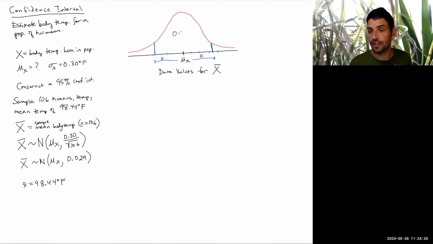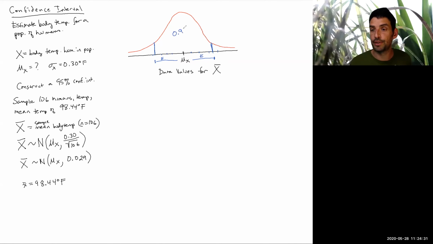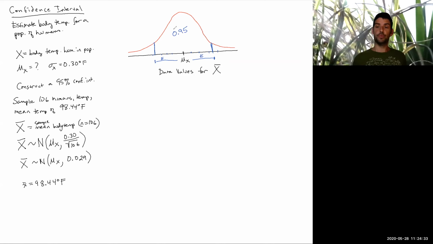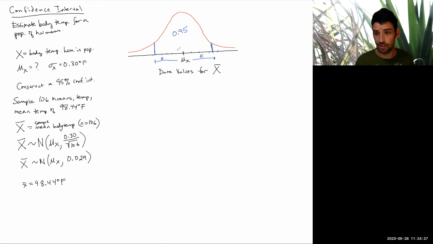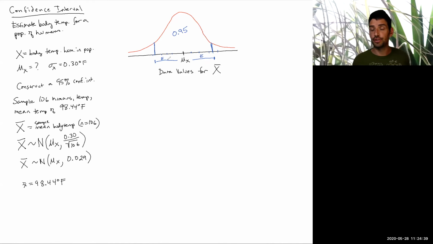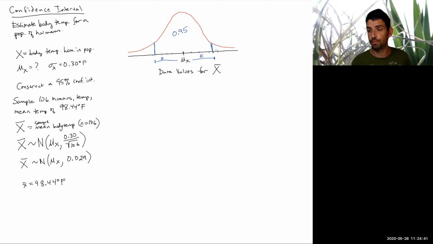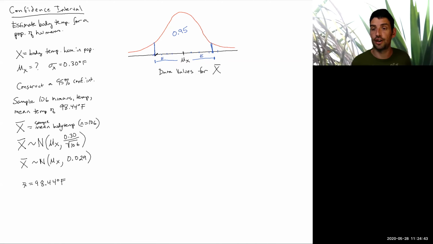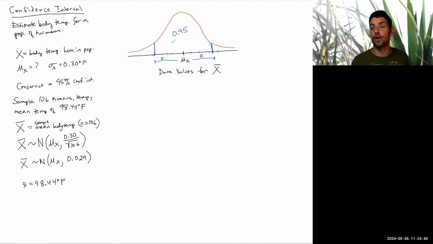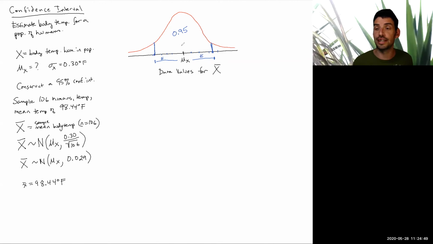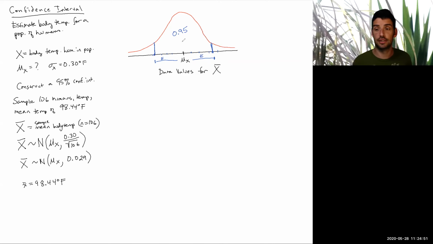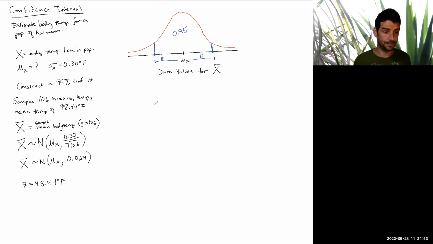And we want to find these two values so that between them we find an area of 0.95. In other words, 95% of all sample means should land between these two values.